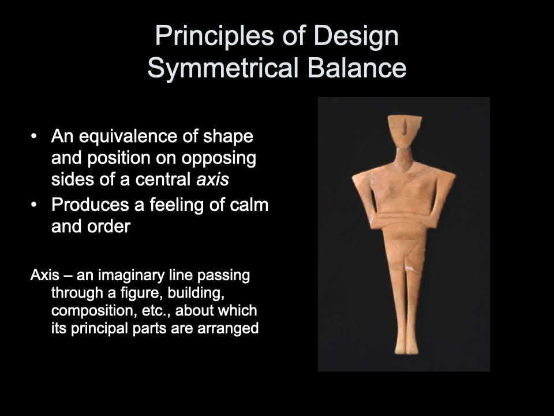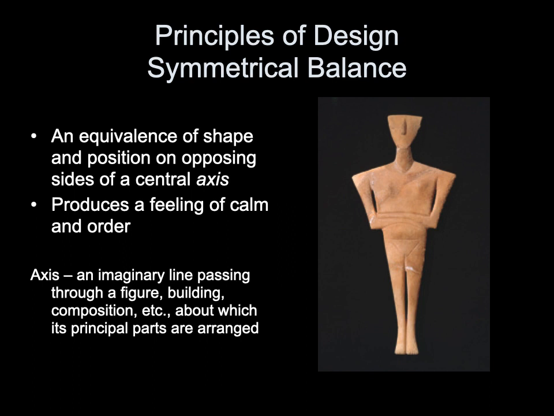So the axis would be, if we drew an imaginary line down this sculpture from the head and the nose down through the chest and down all the way to the bottom of the feet, one side would mirror the other side perfectly. This is a Cycladic idol. It is thousands of years old, and it is from the Mediterranean Sea cultures there.